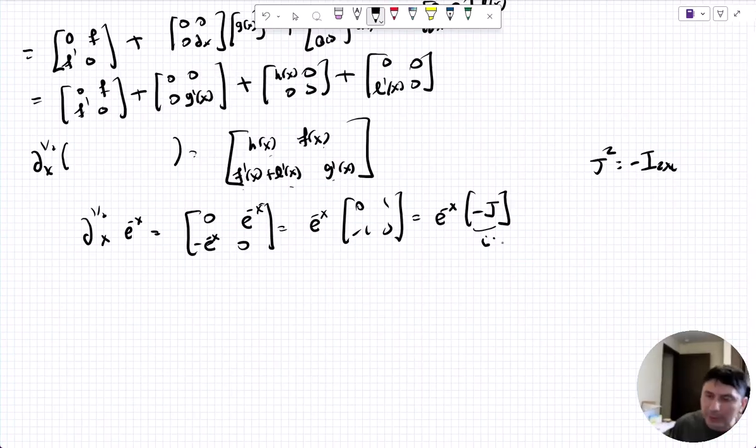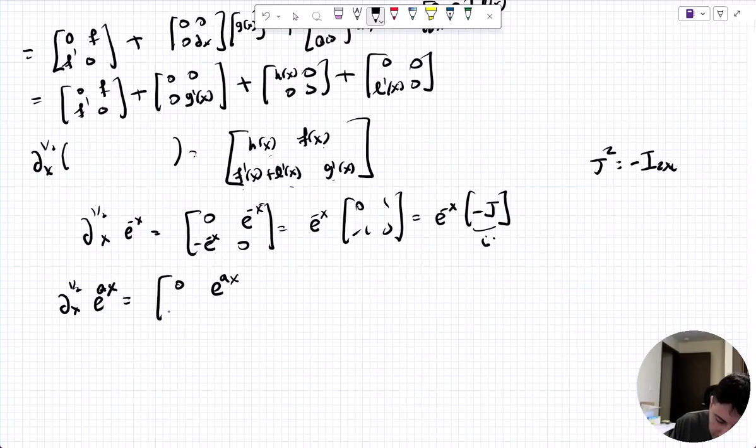So remember the result that we had first? So it makes sense. Let's see what happens when we do the derivative of 1/2 of e to the ax, right? Then this would be 0, e to the ax, a e to the ax, 0, right? So we can pull out the e to the ax and we get 0, 1, a, 0, right?